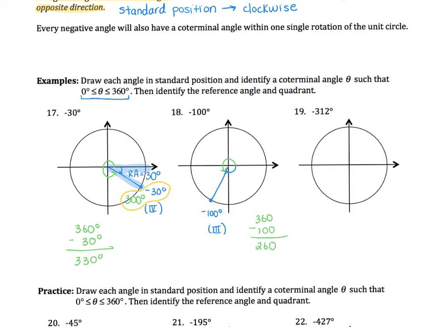Because notice that this little bit that I drew here makes a full circle, so it should add up to 360. All right, so going backward 100 is the same as going forward 260 degrees. So that's our coterminal angle between 0 and 360.